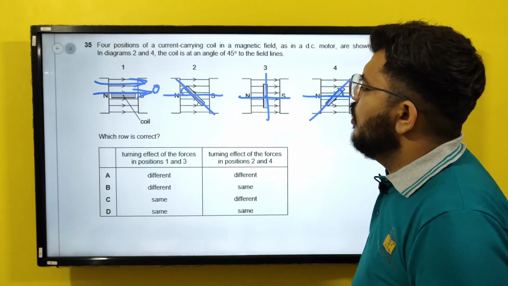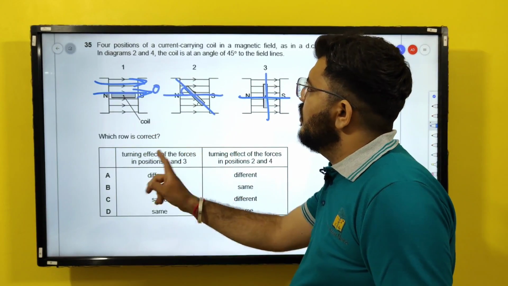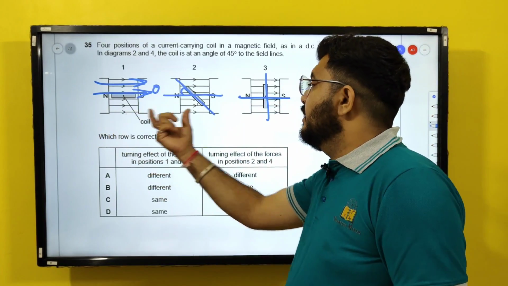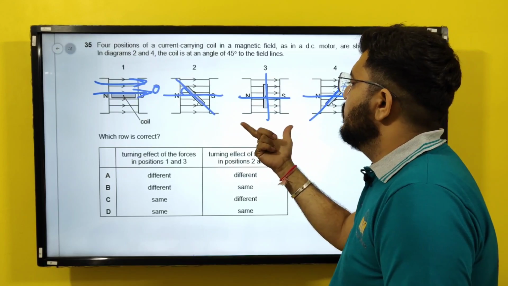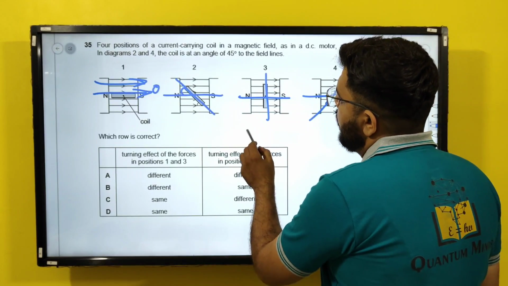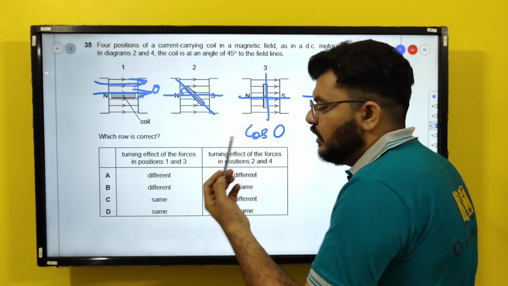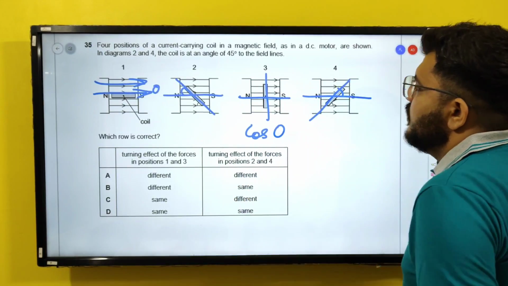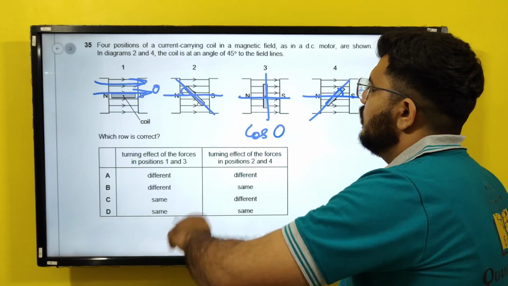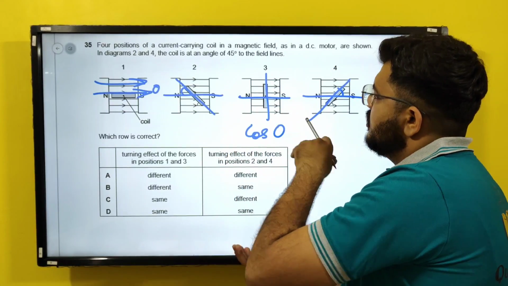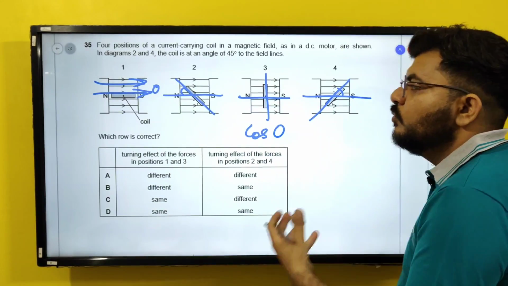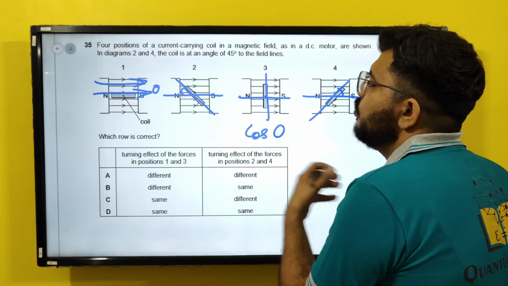Which row is correct? The turning effect of the forces in position 1 and 3. Here the turning force is maximum and here the turning force is minimum, right? The turning force is minimum because turning force is given by cos theta. You will learn this in your higher grades, but basically when it's perpendicular, the turning force becomes 0. The armature is going to keep turning because it has inertia of motion.